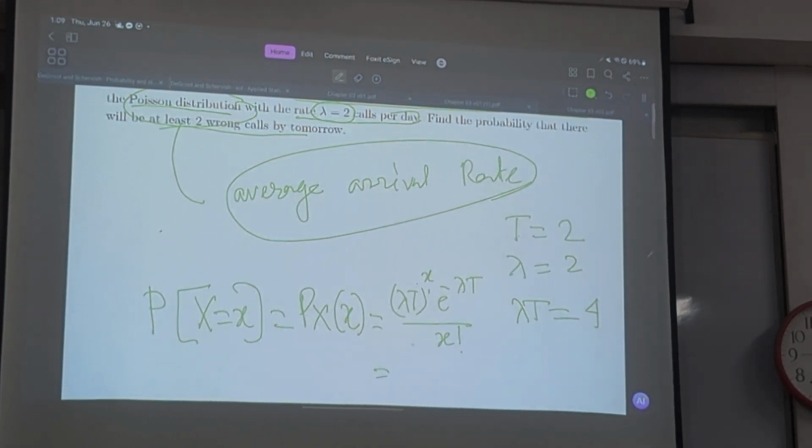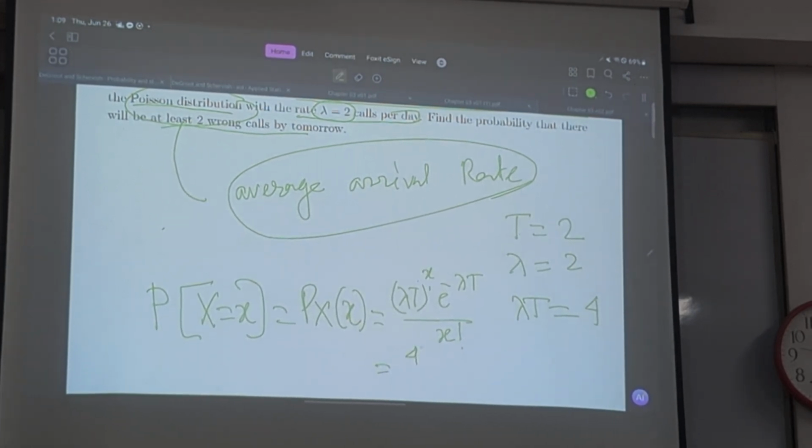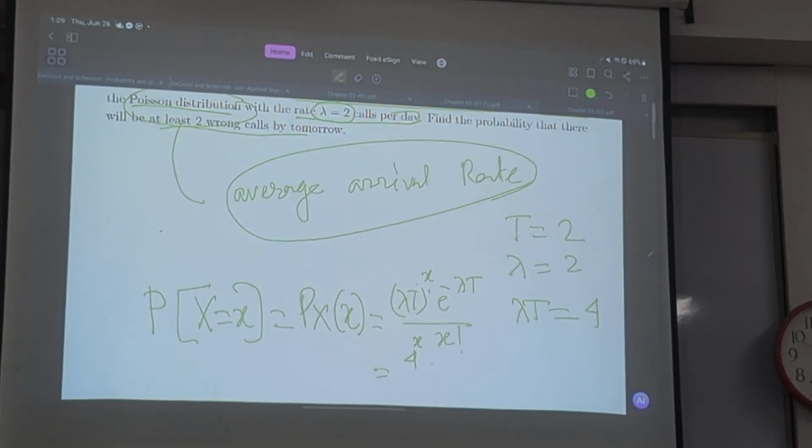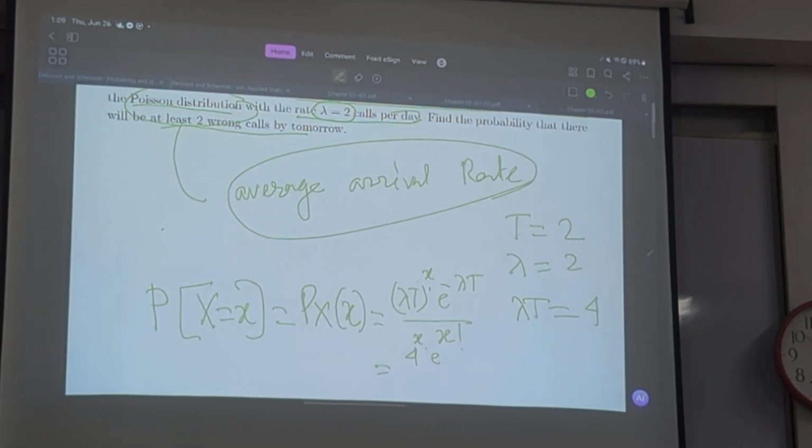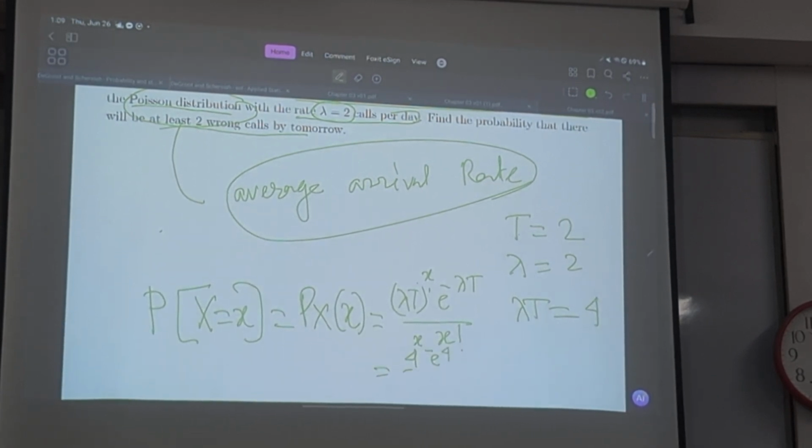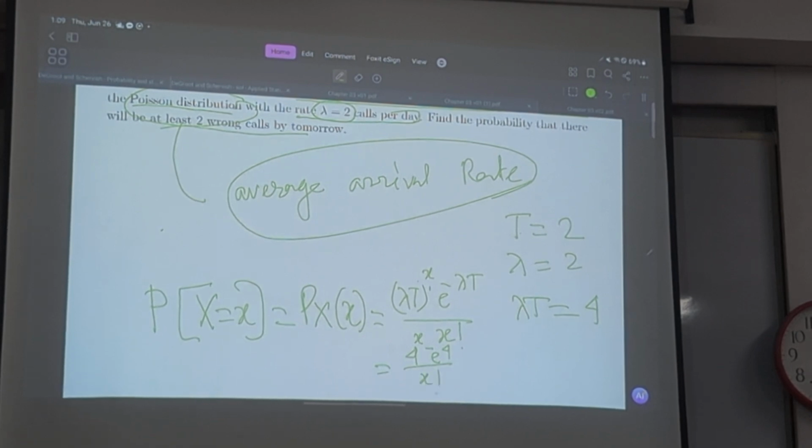What is the value of lambda T? 4. So it is 4 to the power x, e to the power minus 4, divided by x factorial.